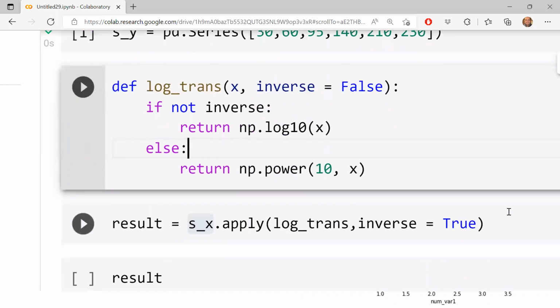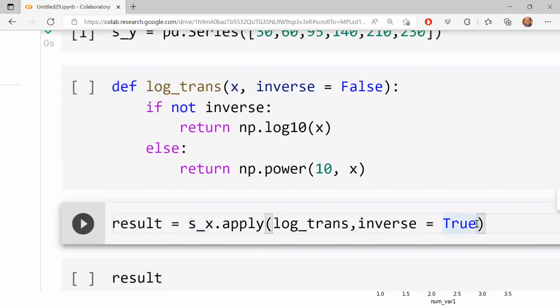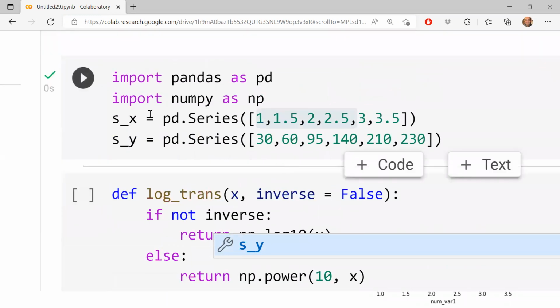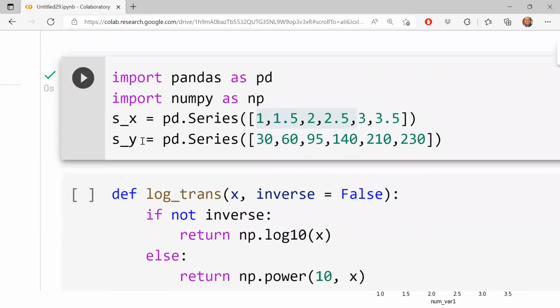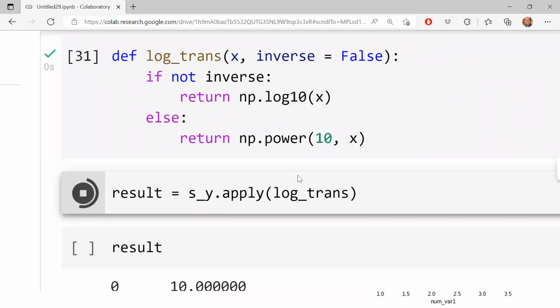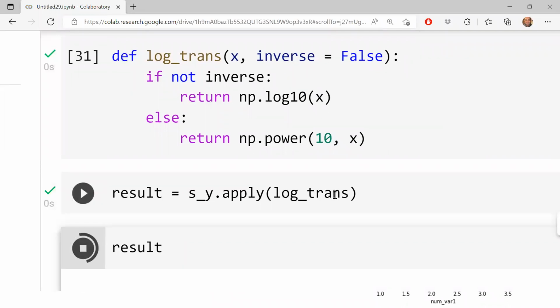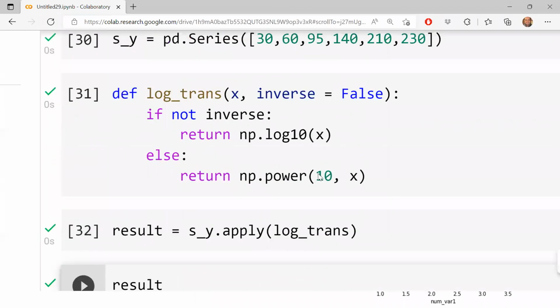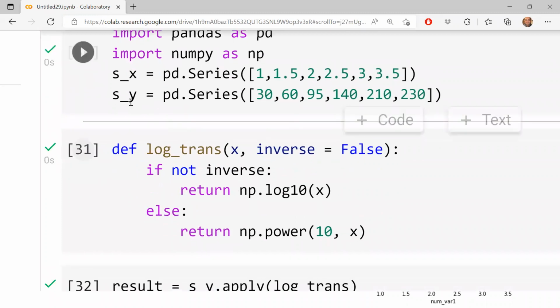Okay. So let me get rid of this one here. And instead of x, let me write y. So what do I want now to do? I want to apply this one here. Yes? So let me run this, and let me check the result after I apply it. If you remember, I applied it now on the y.